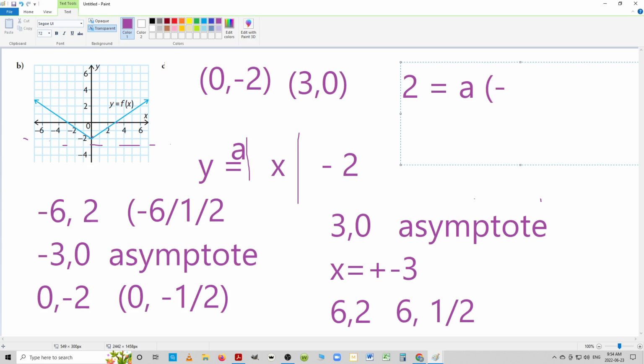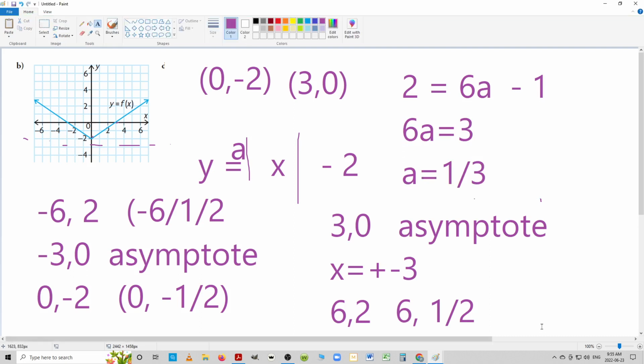So we'll make the brackets absolute, and then -1. And we can tell that that's going to become +6 after absolute. So we're going to get 6a -1. 6a is equal to 3. So a is equal to 1/3.